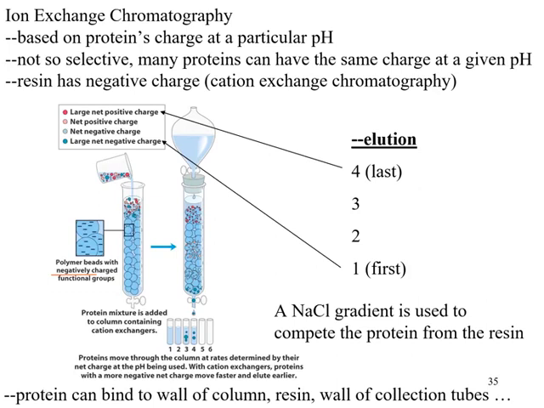To release the material from the chromatography resin, one can use sodium chloride to compete with the resin. This is because sodium has a positive charge and chloride has a negative charge. Thus, a gradient of increasing sodium chloride concentration is processed through the column to separate material of increasing affinity for the resin.